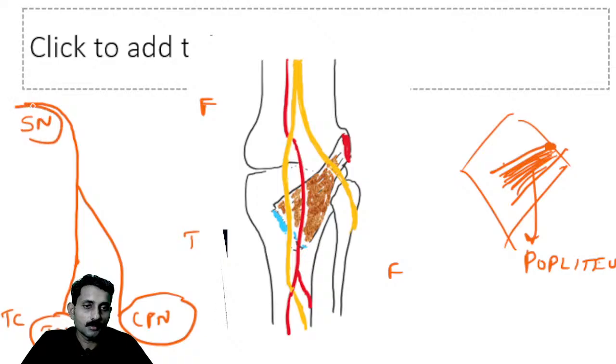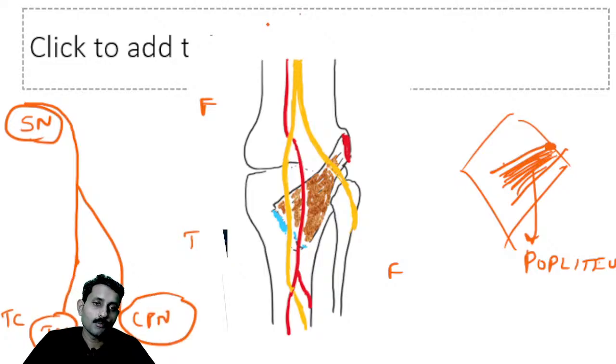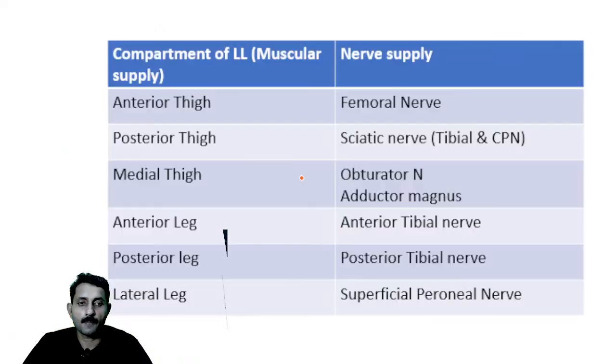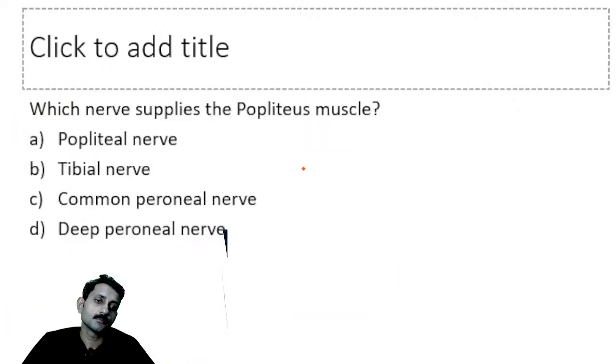In some persons it happens above the popliteal fossa, so the division can happen on the popliteal fossa or proximal to it. The tibial nerve will supply the popliteus muscle.